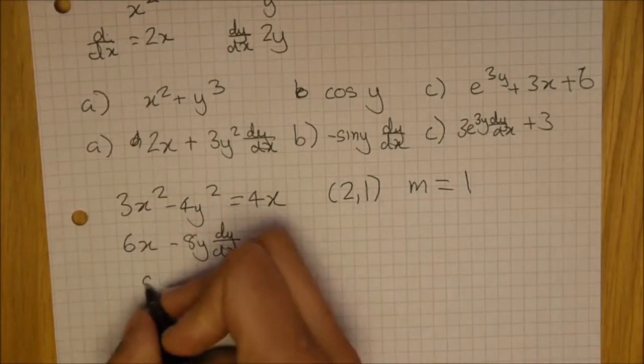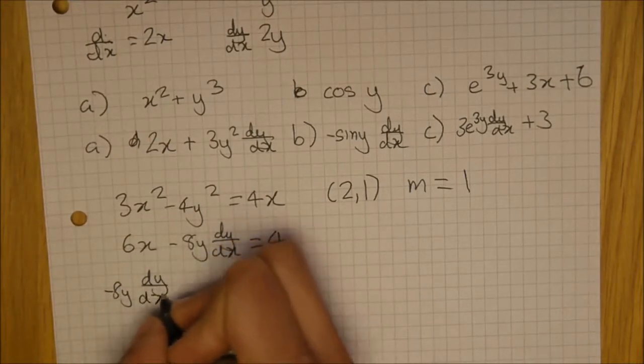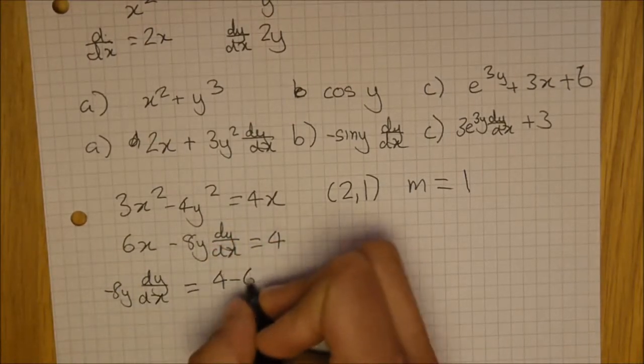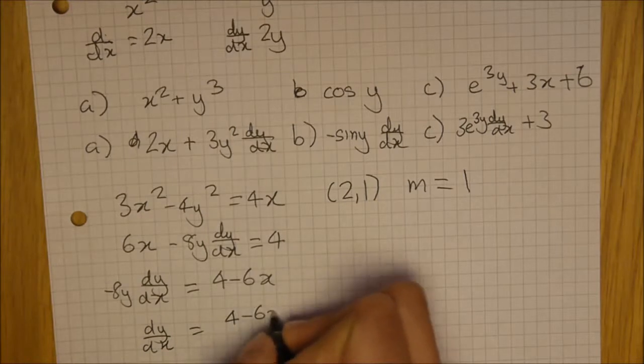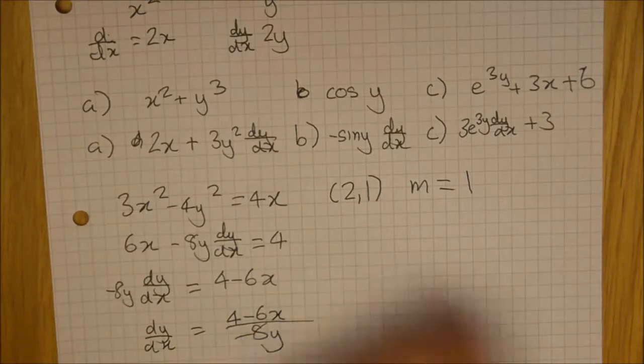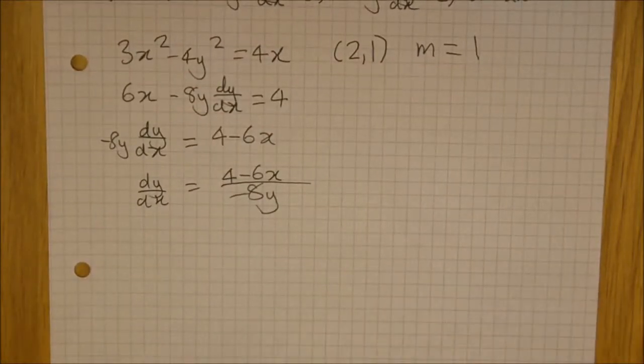So, first of all we'll do minus 8y dy/dx equals 4 minus 6x, just moving stuff across, so dy/dx equals (4 minus 6x) over minus 8y. There we have it in a lovely form that looks like dy/dx.